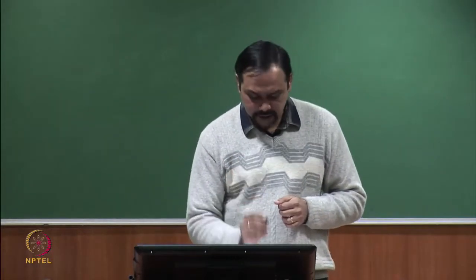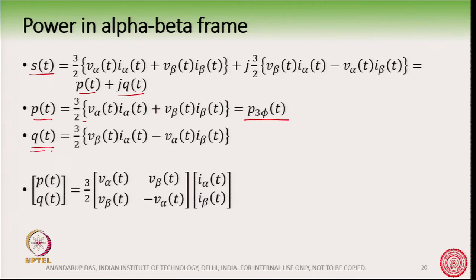The term Q t as is shown here is because of the cross terms like V beta I alpha minus V alpha I beta, 90-degree orthogonal terms. So, you can write it in the matrix form again, something like this, which is shown here.